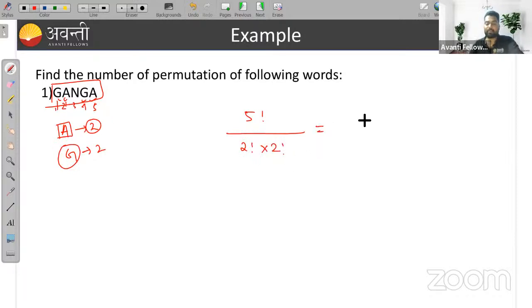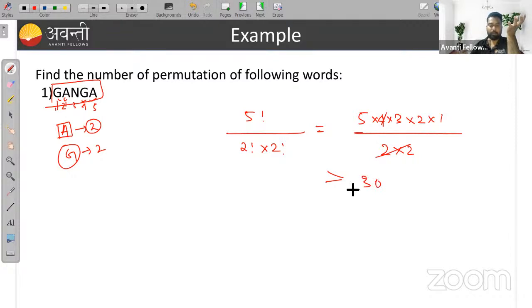So this is your answer: 5 factorial, 5 into 4 into 3 into 2 into 1, upon 2 into 2. We can cancel 4, 4. So 5, 3 is 15, into 2, 30. So the answer is 30.